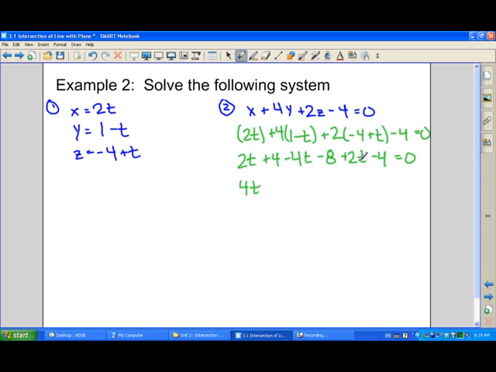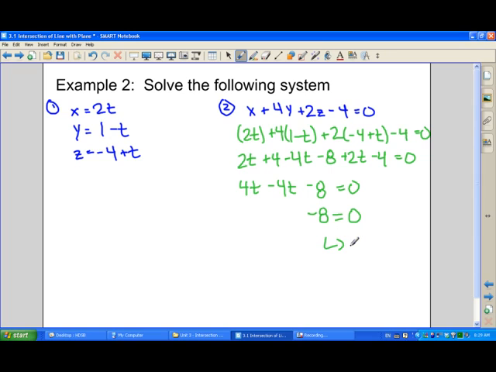Grouping, I get 4t minus 4t minus 8 equals 0, and our variable is going to cancel out and we end up with the statement negative 8 equals 0. And this is math's way of telling us something.